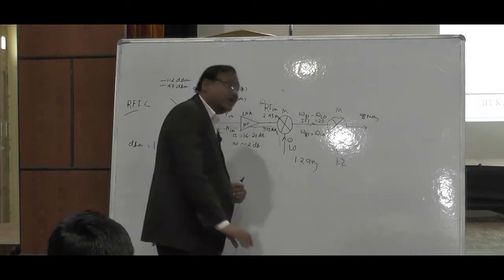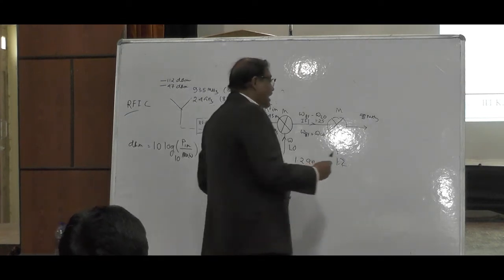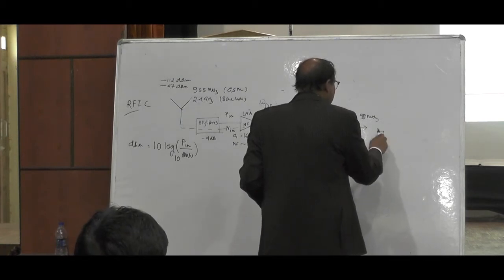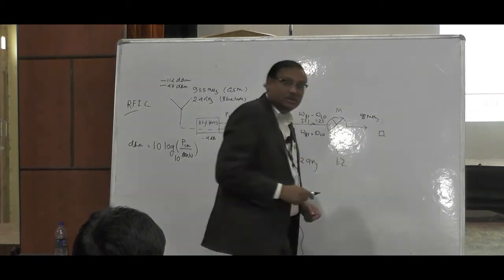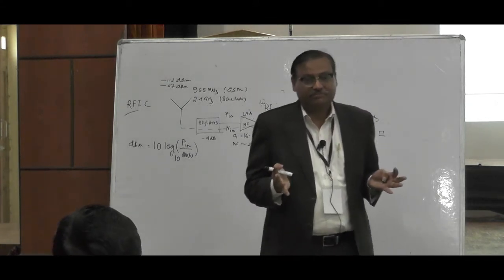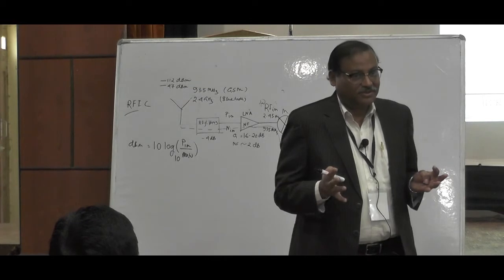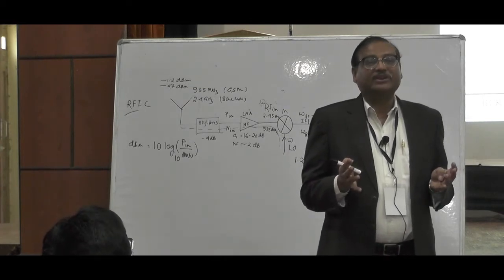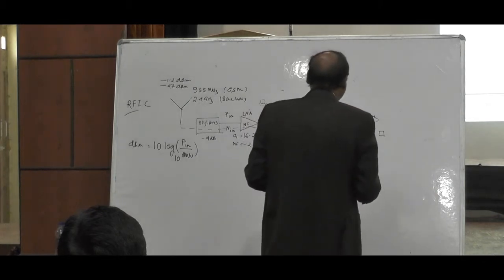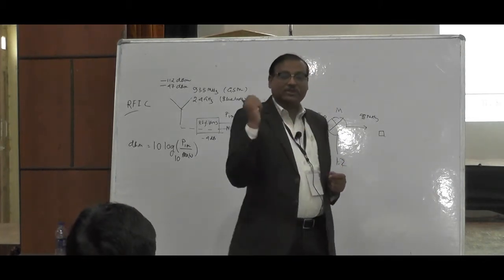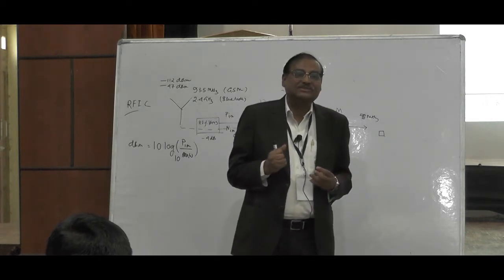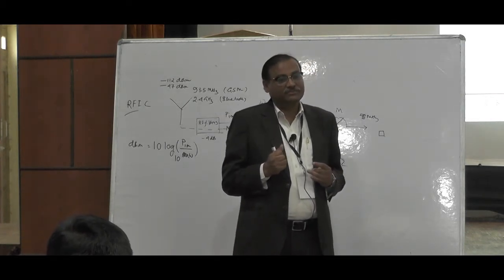But where do the challenges come? I have given you the task, say, in a 1 millimeter by 1 millimeter area, you have to design a complete transceiver. So you don't have much area. And not only that, they say you are given a 1 volt battery and your transceiver should work at least 3 to 5 years.